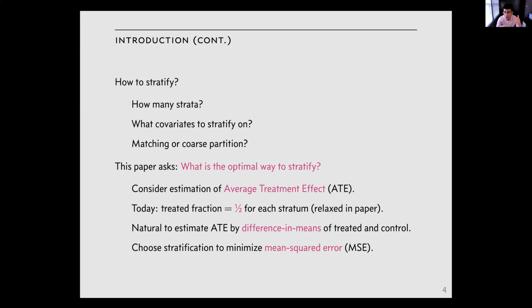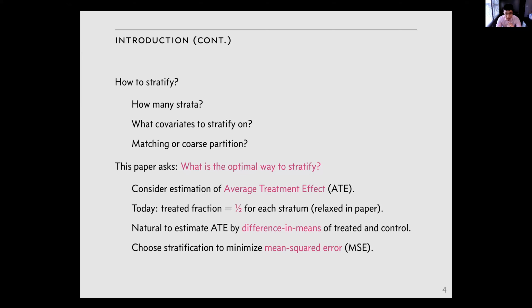When I say half, I mean exactly half. Now, this can be relaxed in the paper, but just for convenience today, I'm going to focus on the case where half of each stratum is assigned to treatment.